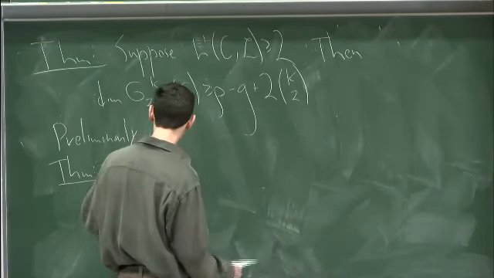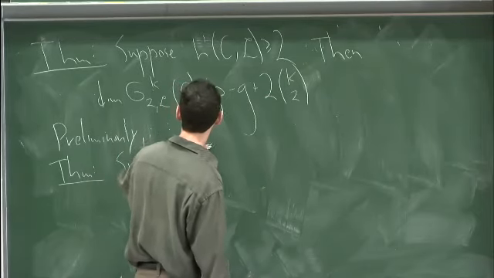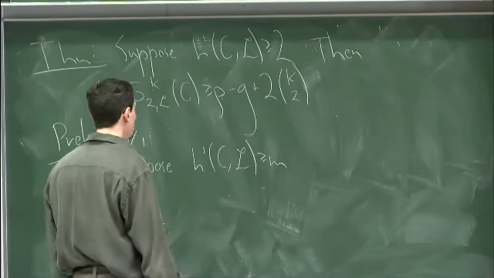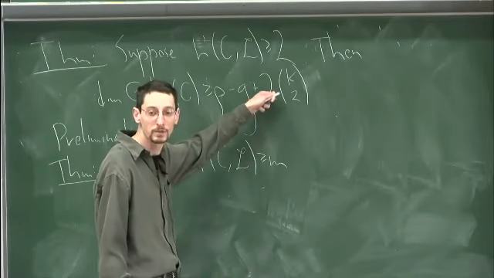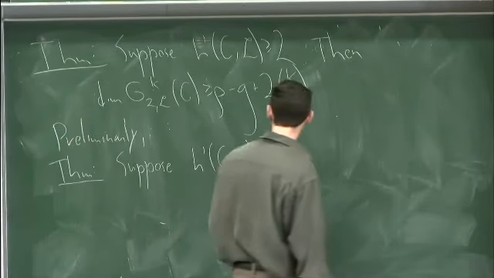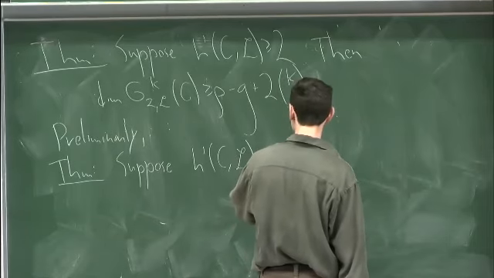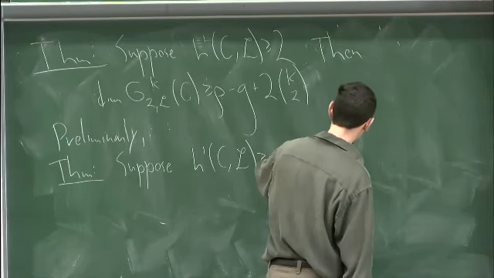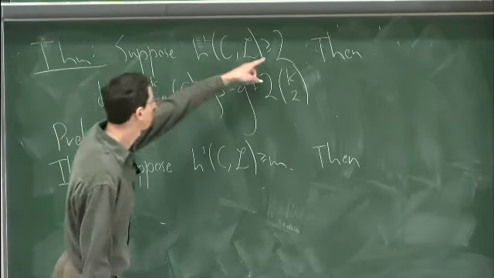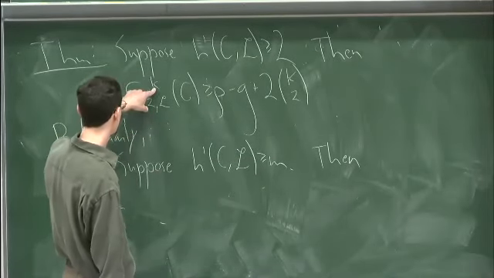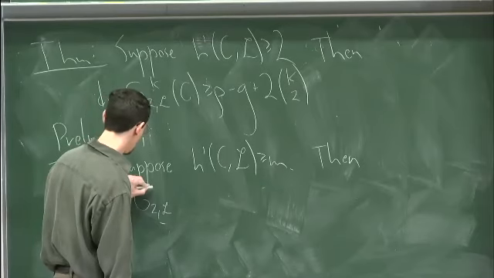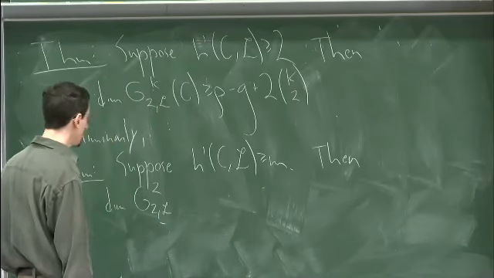Okay, so now let's suppose that h1 of L is at least m. Of course, the natural thing to do is you want to stick an m in here. It's going to be a little bit subtle to do that in general, but at least in this special case, we can do that. So we're going to let this be replaced by an arbitrary number, but we're going to restrict k drastically to look at just the minimal interesting case, which is k equals 2.